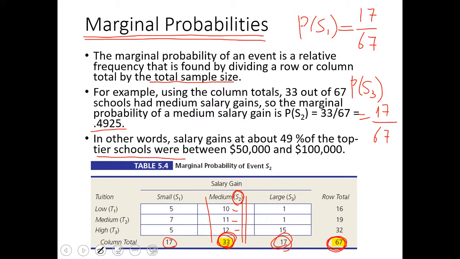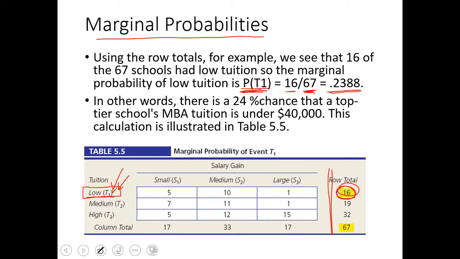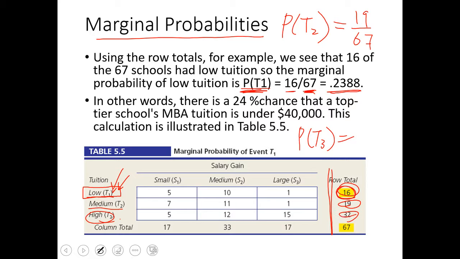Okay, and the same way we can calculate the probability of medium tuition, 19 over 67, and probability of high tuition is 32 over 67. So that is the marginal probability obtained by the contingency table.